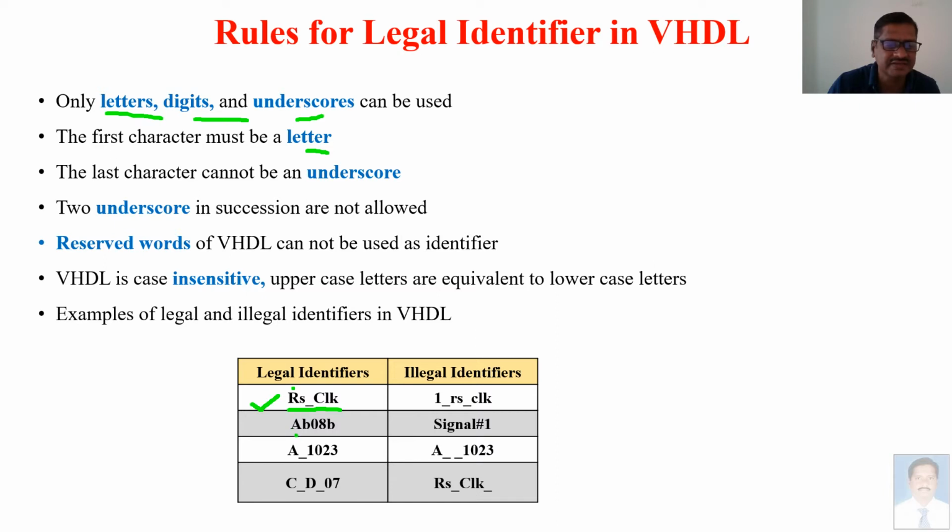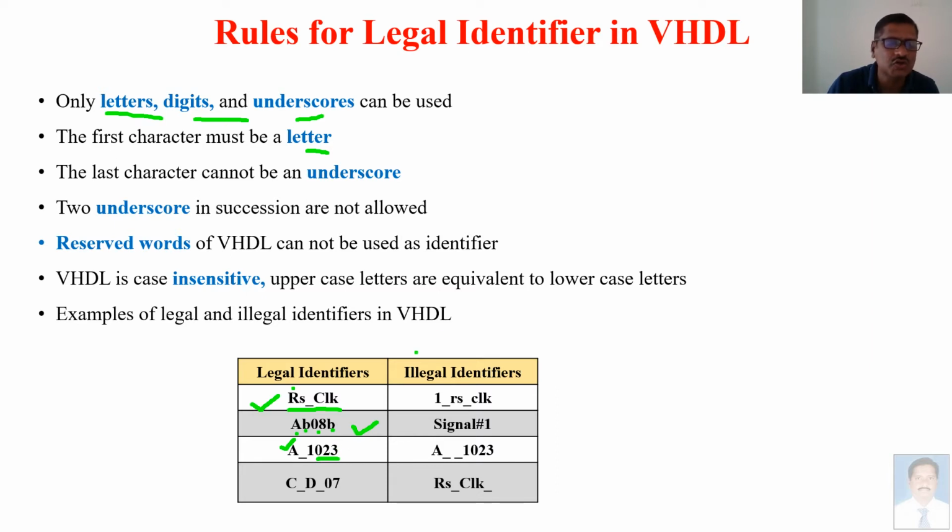In this case, the same thing. AB08B is the name. It follows these guidelines. The first character is a letter, the last is not an underscore, we are not using two underscores, and we are not using a reserved word. That's why it is also a valid, legal identifier. In this case, the first character is a letter, we are using a single underscore and this number, that's why it is also valid.